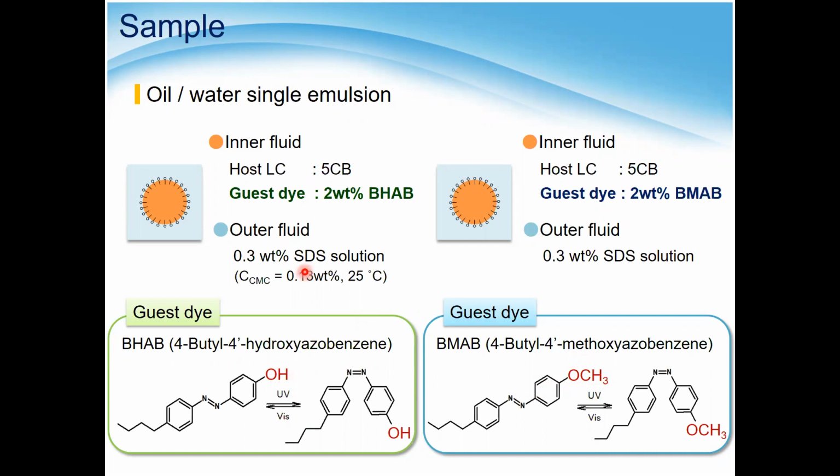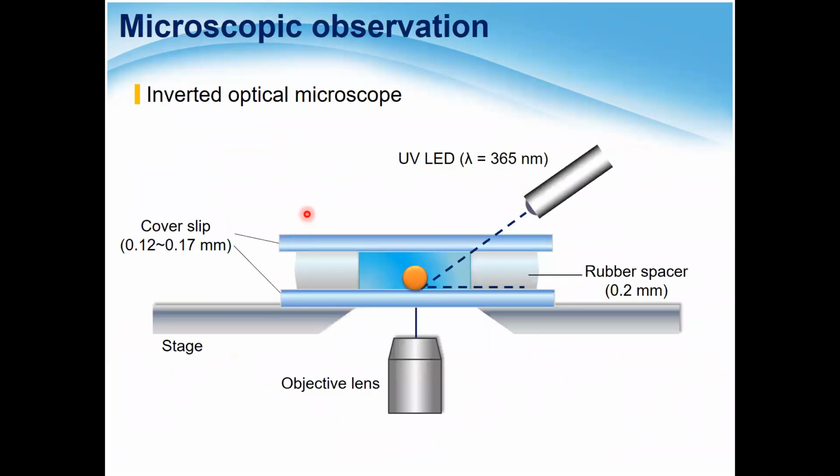And we use an SDS solution as an outer fluid. The observation setup is also the same, and we observe the motion by using an inverted microscope, and the UV LED was illuminated at some angle.